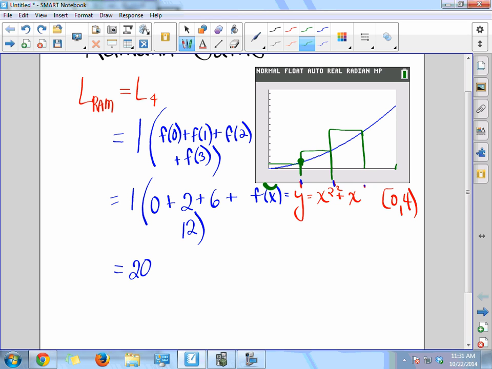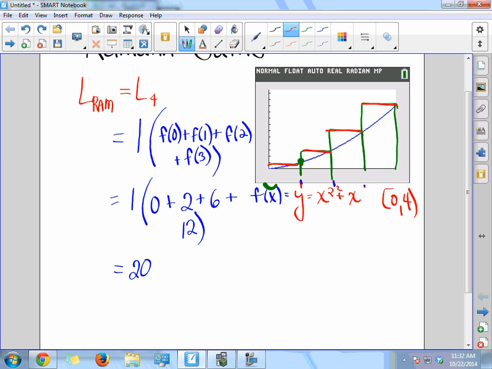And then at 4, that would be the height of my rectangle. So now we're actually coming from the right, is usually how I think about it. So there's a right, a right, a right, and a right. And for this function, it is going to be an over approximation of the area under the curve.